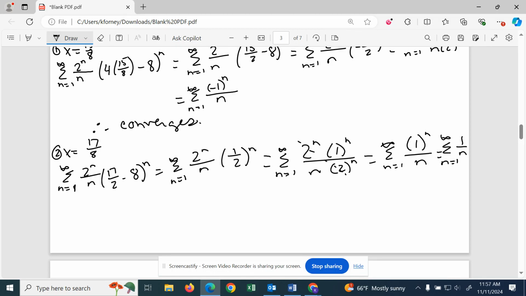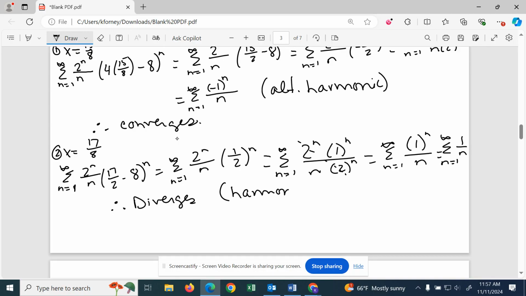Okay, this is a harmonic series and this diverges. This is not alternating. So I'm going to note this was an alternating harmonic. This one was just a harmonic.